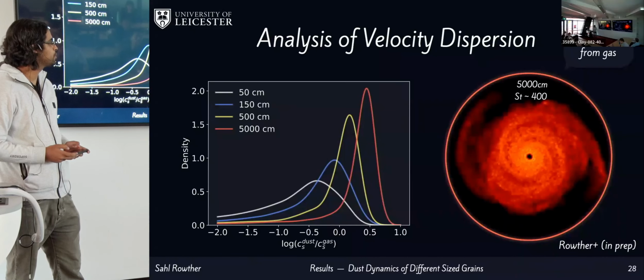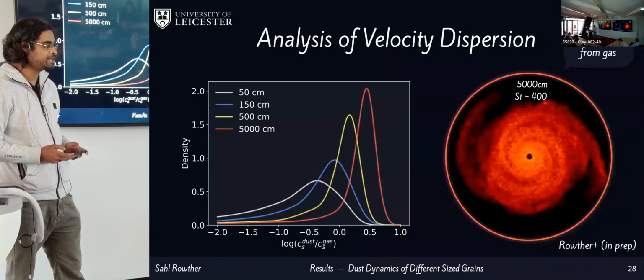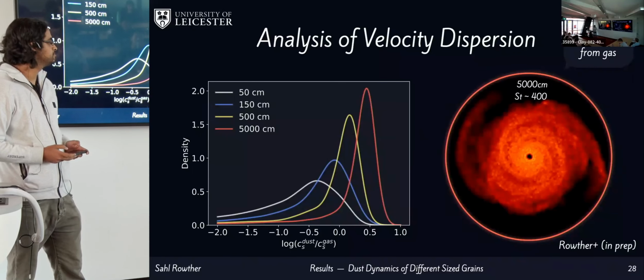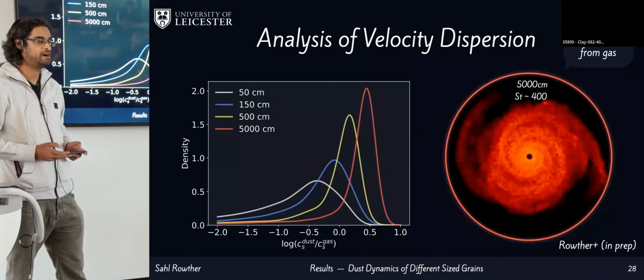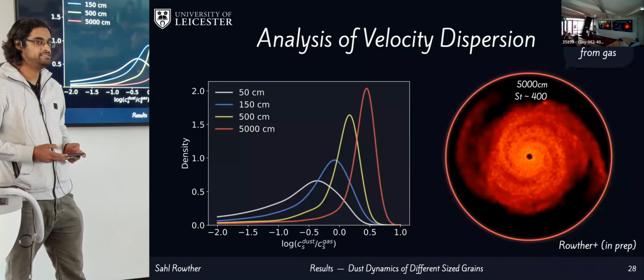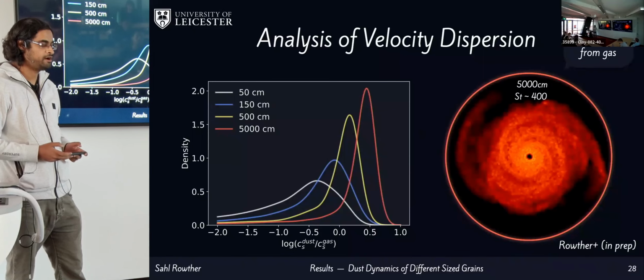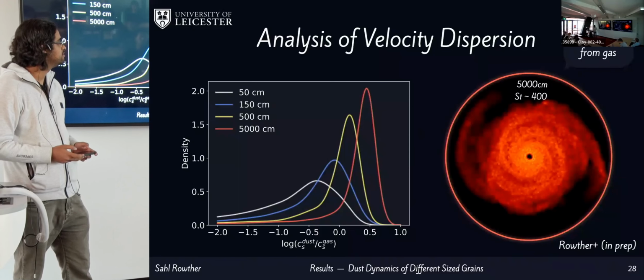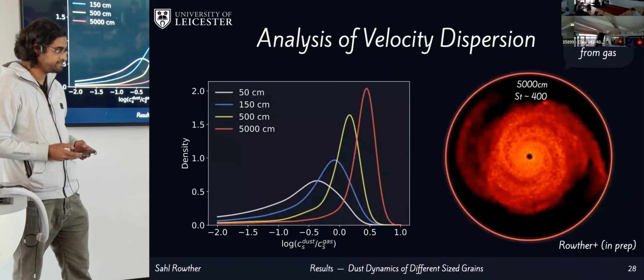And finally, going up to the largest grain size, almost all the dust particles have a velocity dispersion higher than the gas sound speed. So the dust motion is pretty much uncorrelated to the gas, so we don't really see much spirals, so it is faint.